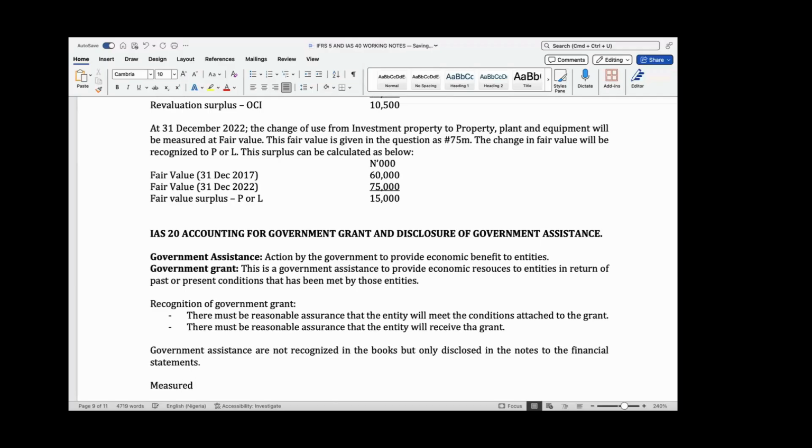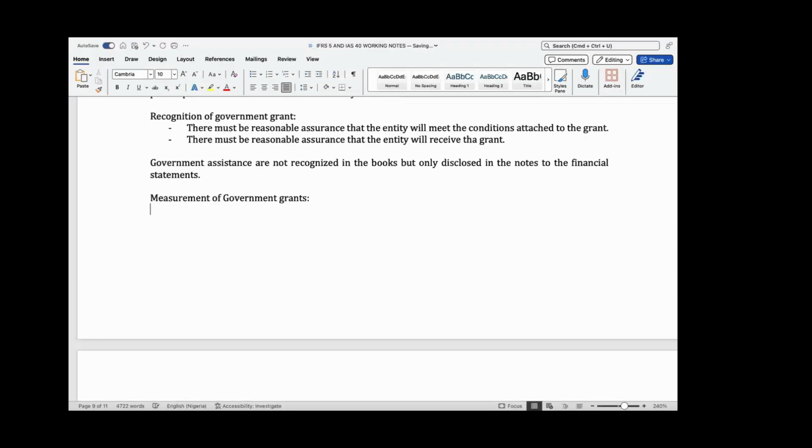How do you measure? Measurement of government grants. Now, the measurement of government grants depends on the types of grants you're looking at. So the measurement of government grants depends on the types of grants.